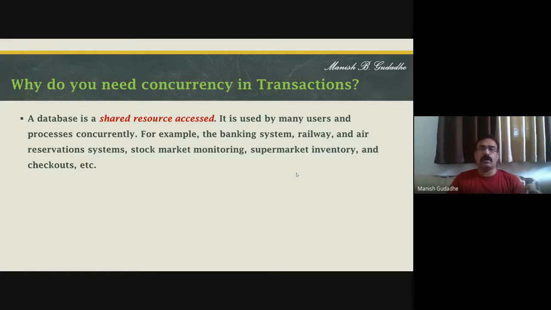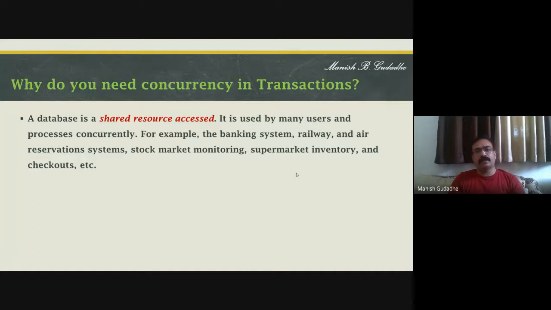Let us talk about the railway reservation system. In older days we had to go to the railway station, stand in a queue and then book a ticket. It was less hectic; there would be 10, 15 counters, and we would go there and book our ticket.